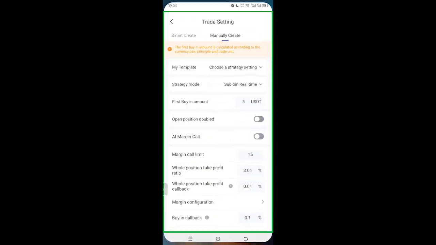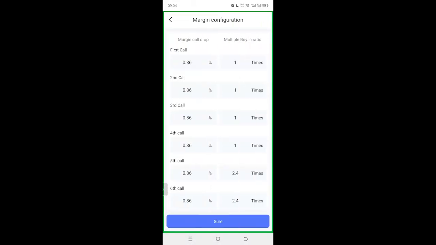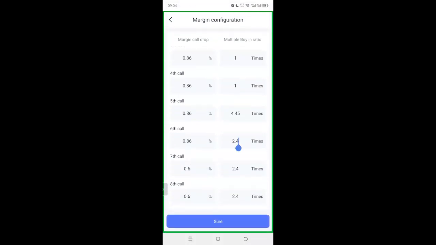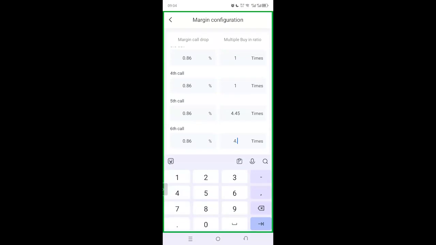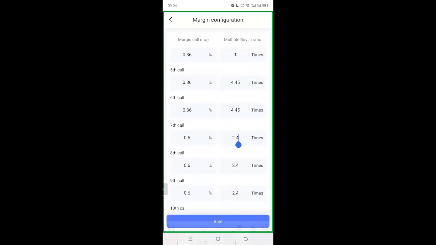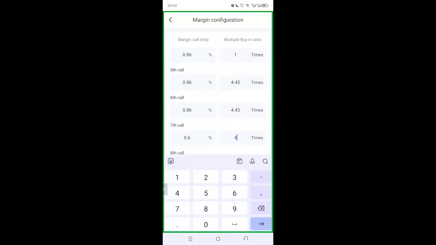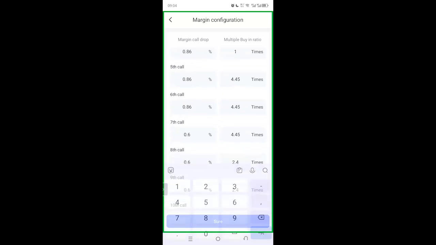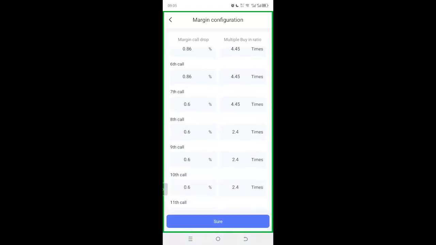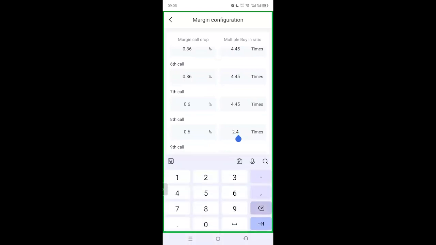Come here. Come on your margin configuration. Put here 4.45.